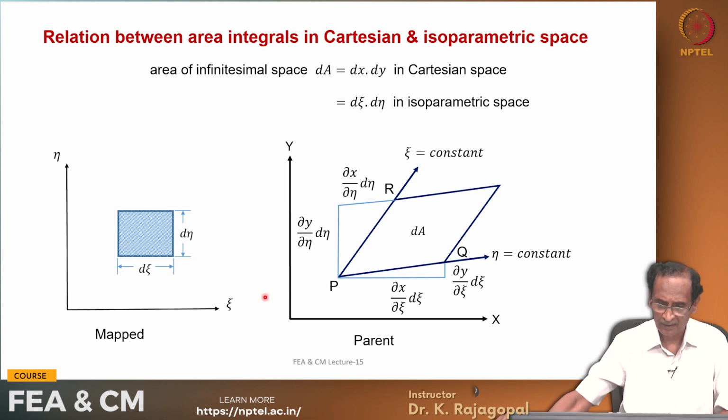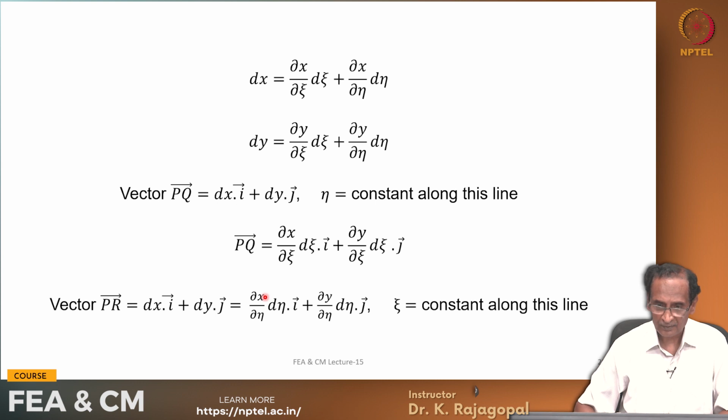In general dx we can write in terms of dou x by dou xi d xi plus dou x by dou eta d eta, because x is a function of both xi and eta.